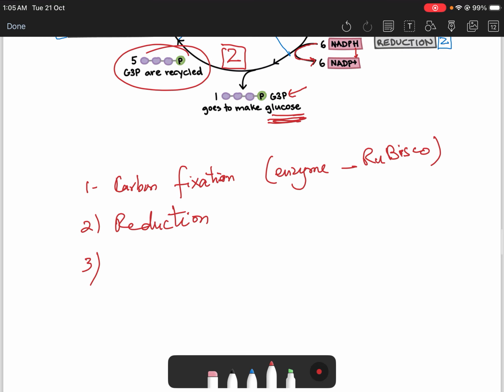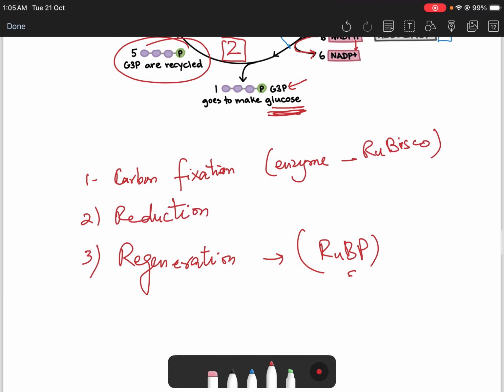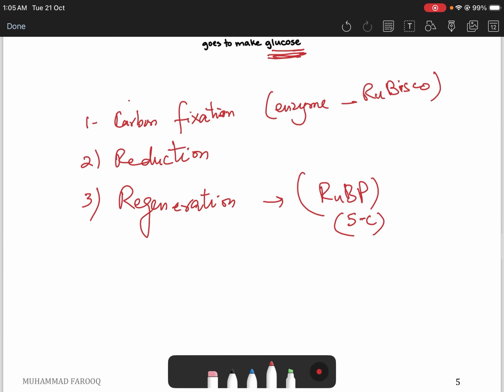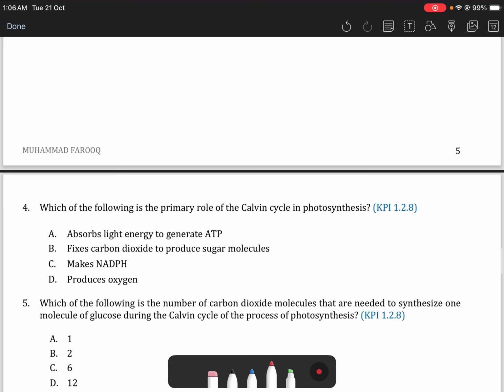And the last one is, not oxidation, sorry, the last one is regeneration. And who is regenerated over here? RuBP. Remember, RuBP is a 5-carbon compound, and 1 carbon comes from here, so they make a 6-carbon compound, but they rearrange themselves to form further molecules.